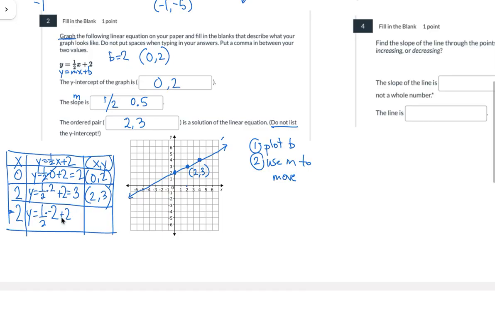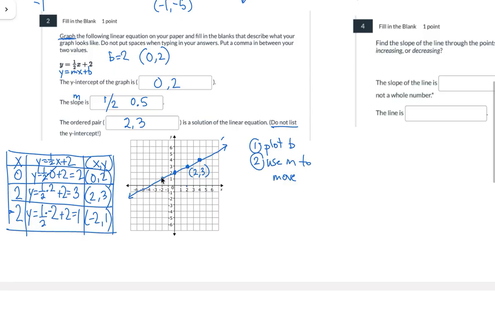Oh, so -2 over here. -2 divided by 2 is going to be -1. -1 plus 2 is actually 1. So I'm going to have (-2, 1). Sorry, I was getting myself twisted around and was afraid I was repeating my y-intercept. So this would be -2 and up 1.